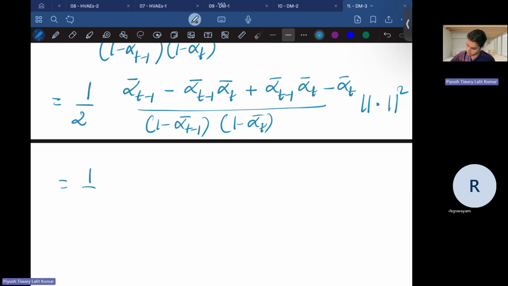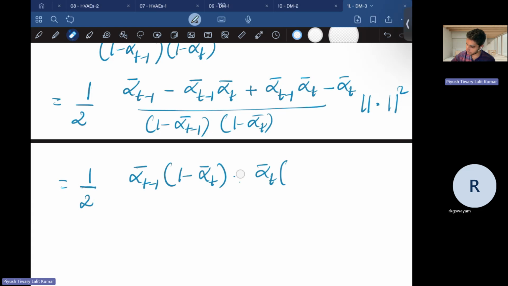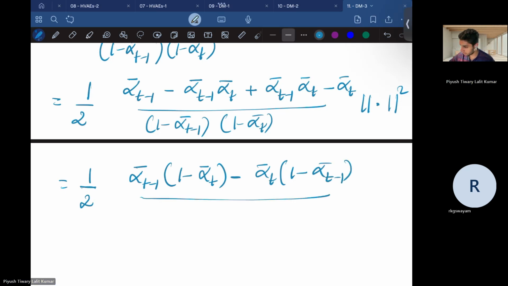This thing is half. Now take alpha t minus 1 bar in common, so this will become 1 minus alpha t bar, plus take alpha t bar common, and maybe add a minus sign here. So this will become 1 minus alpha t minus 1 bar, divided by 1 minus alpha t minus 1 bar, 1 minus alpha t bar.